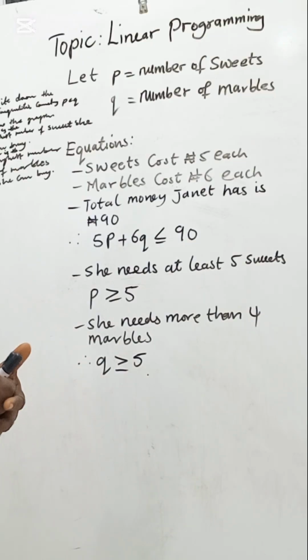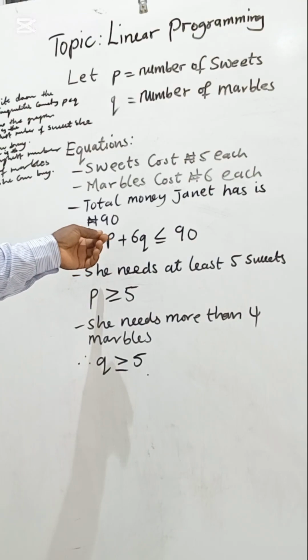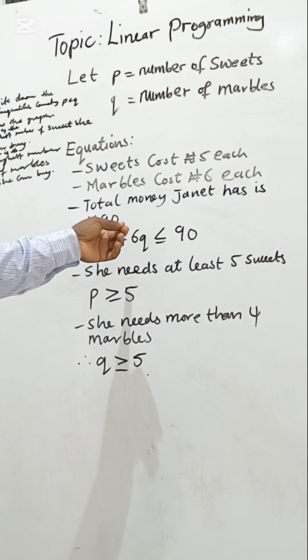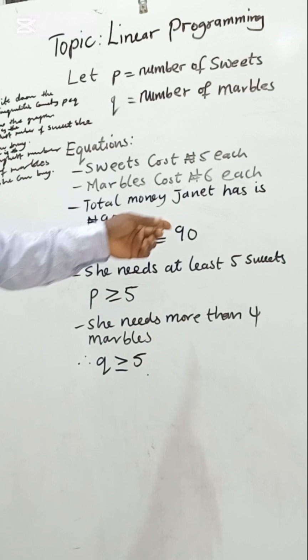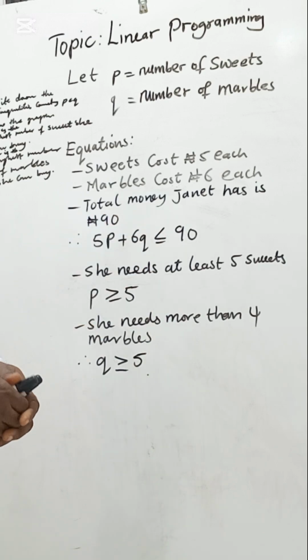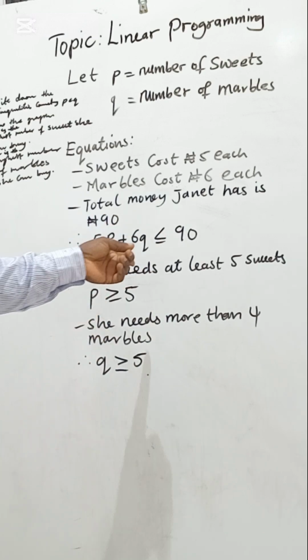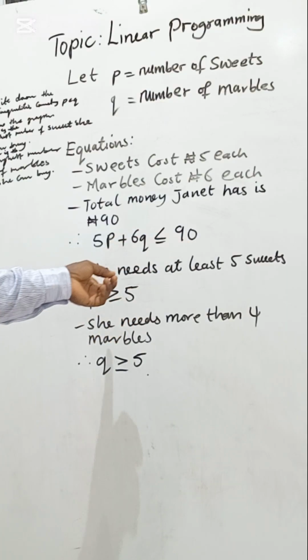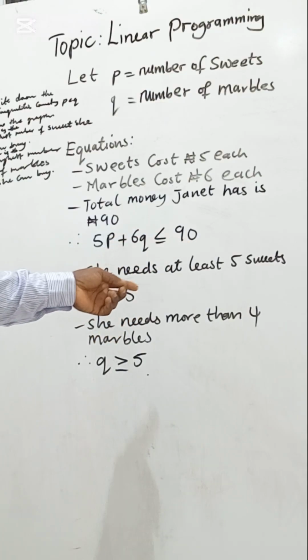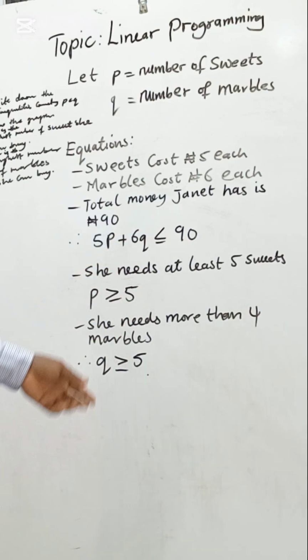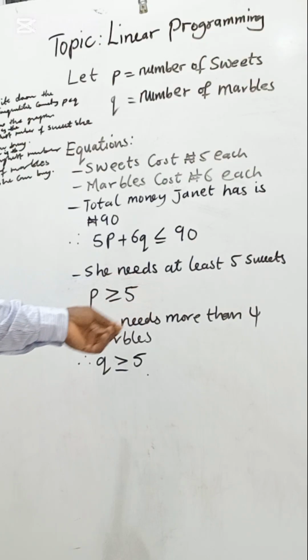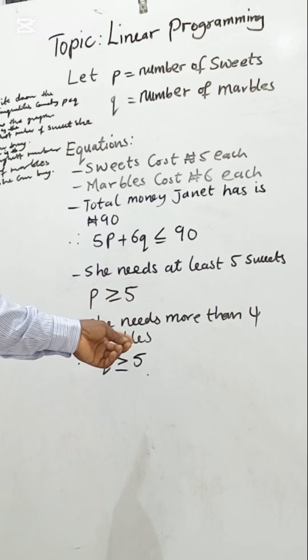So we have from the question the inequality equation 5p, which is the number of sweets, plus 6q, which is the number of marbles, is less than or equal to 90. Janet needs at least 5 sweets, which is p is greater or equal to 5. Janet also needs more than 4 marbles, which is q is greater or equal to 5.